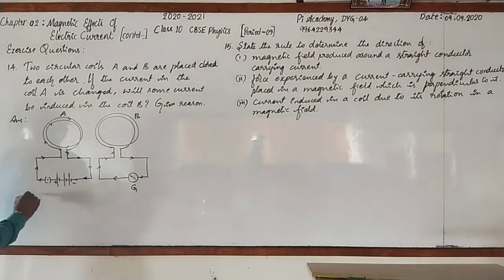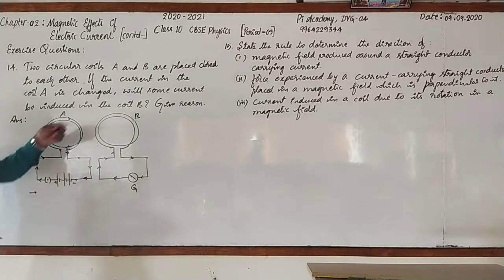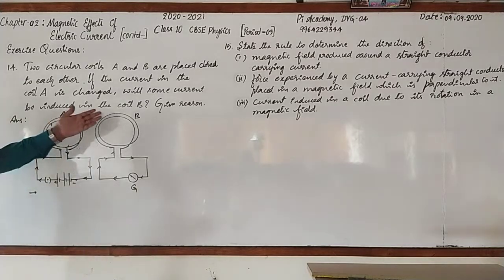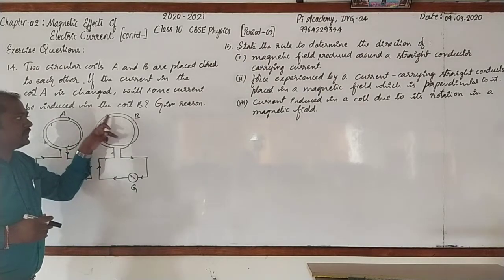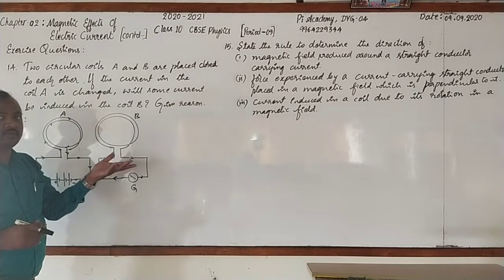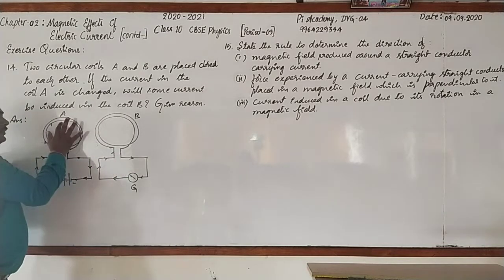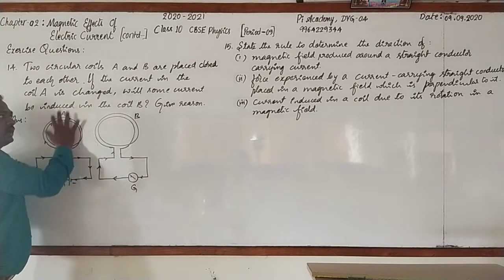We have to write the answer. What do you say? Will some current be induced in the coil B? Yes. Why is it so? Look here. The magnetic field which is linking with the coil B gets changed. How? When the current flows through the coil A, the magnetic field is developed around it.